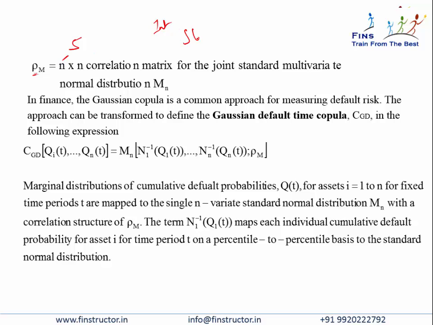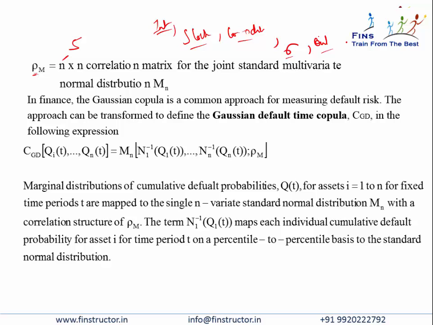So interest rates, stock prices, commodity prices, implied volatility, and let's assume oil price separately we are considering as a variable. So let's say these are 5 independent variables. So we will need a correlation matrix before we can construct the joint copula, or the joint distribution of these 5 independent variables: interest rates, stock prices, commodities, implied volatilities, oil price.